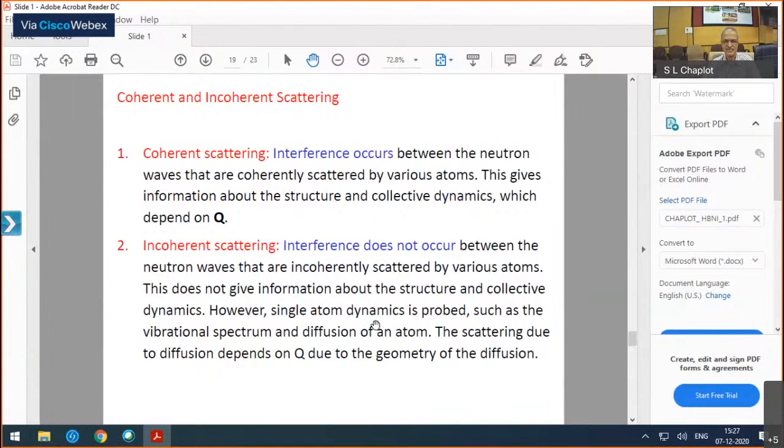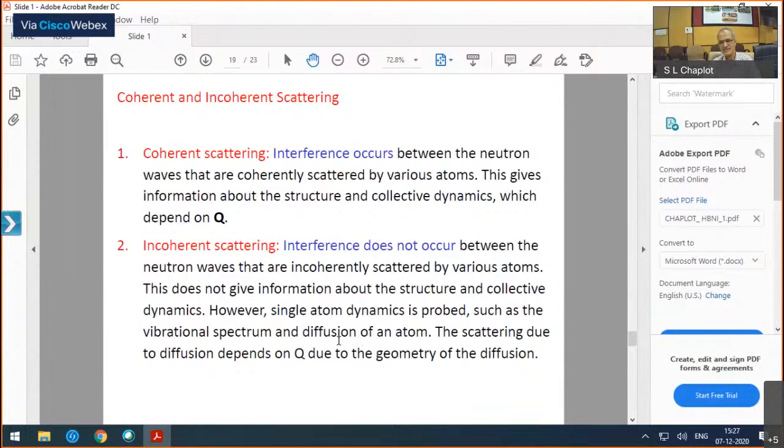The frequency spectrum of each atom can be determined by inelastic scattering arising from the incoherent scattering. If the energy analysis of the beam is done, the corresponding spectrum will give us the single atom dynamics, for example, the vibrational spectrum, or the diffusion, the stochastic dynamics.